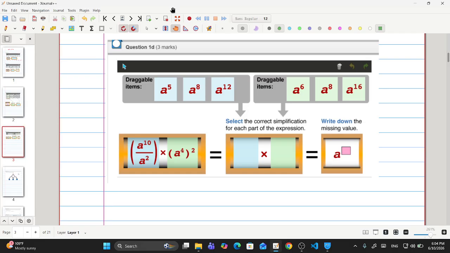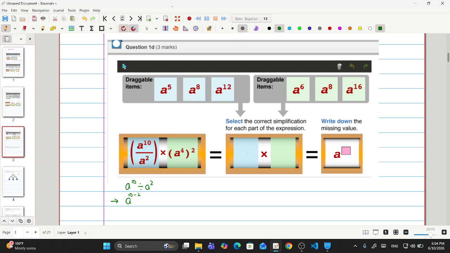Select the correct simplification for each part of the expression. Okay, so a raised to the power of 10 divided by a raised to the power of 2. So this can also be written this way. And we know that whenever there are different powers and there is a division sign in between, you just subtract the powers.